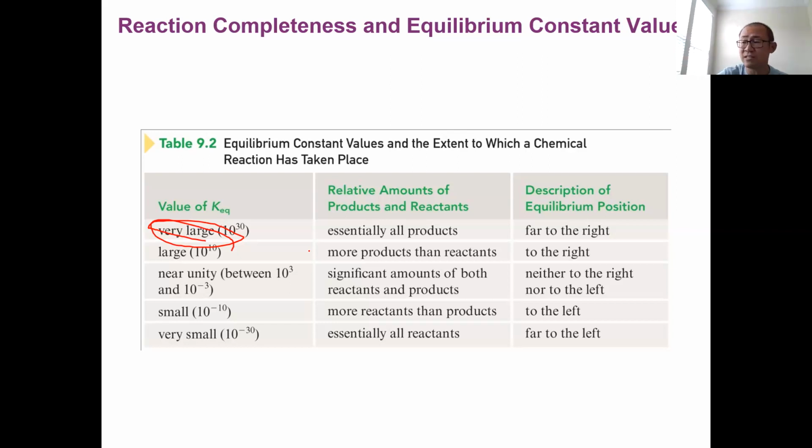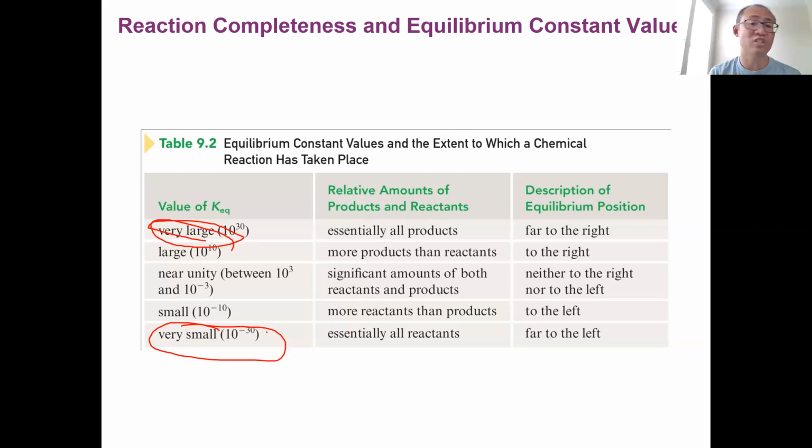So if K is a large number, then the equilibrium favors the product a lot, because you have a lot more product than reactants. On the other hand, if K is a small number, it means product is tiny and reactant is big, because product divided by reactant gives a tiny number.